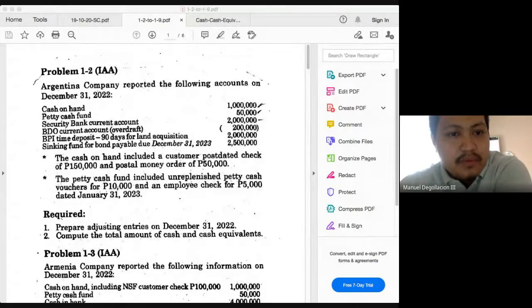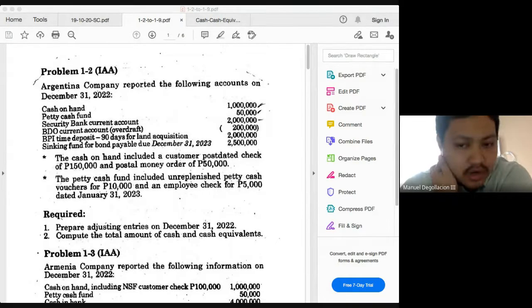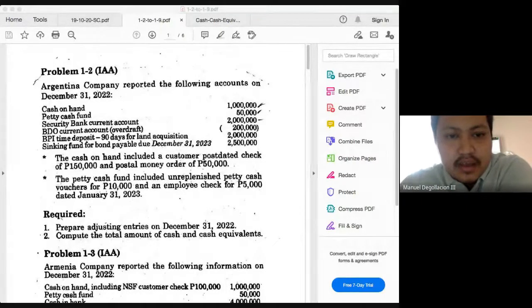The BPI time deposit 90 days for land acquisition, regardless of the term of the time deposit, will not be part of our cash and cash equivalents because it is intended for a non-current asset. It is intended for a long-term asset. Okay, land is definitely going to be classified as a non-current asset.